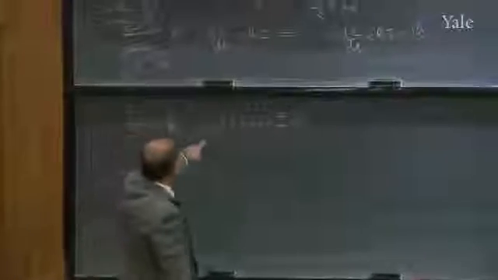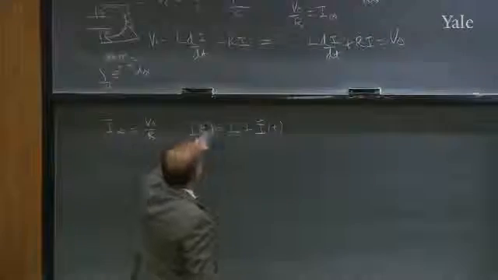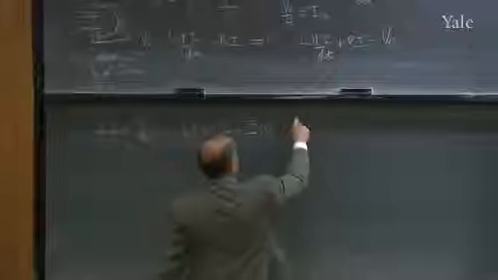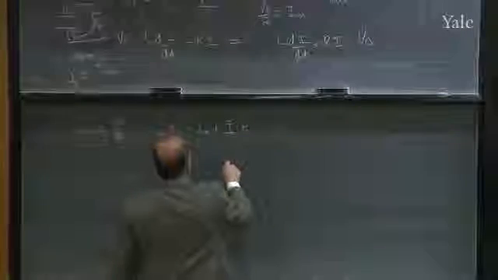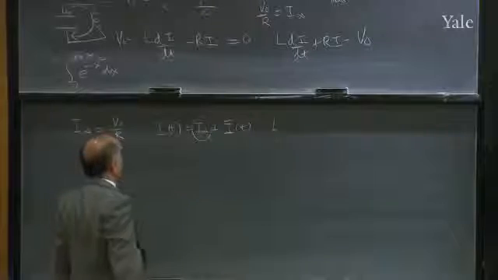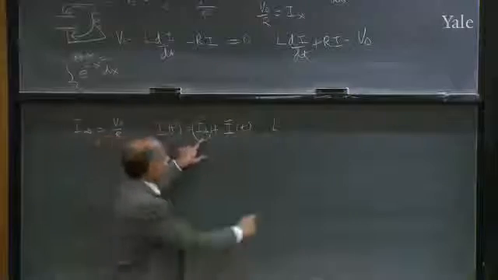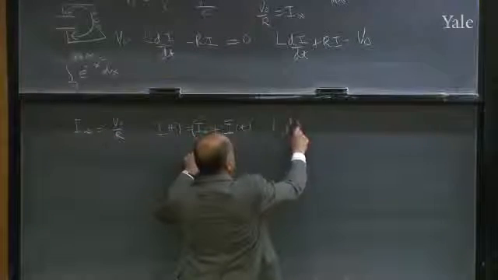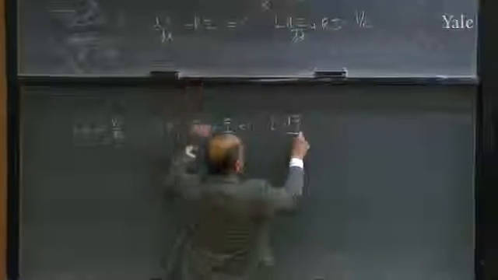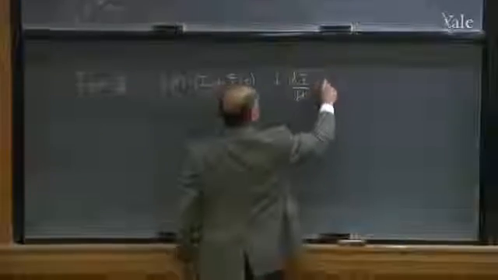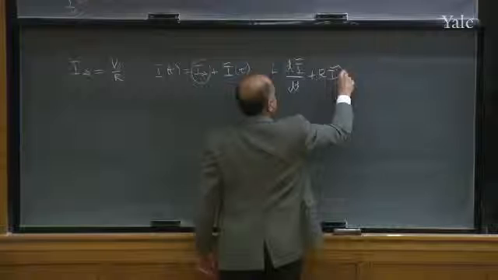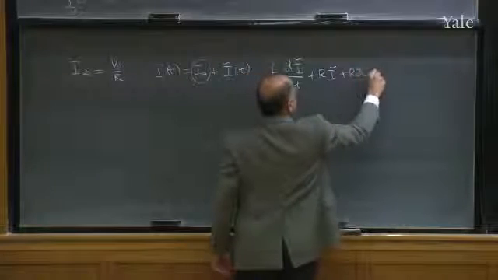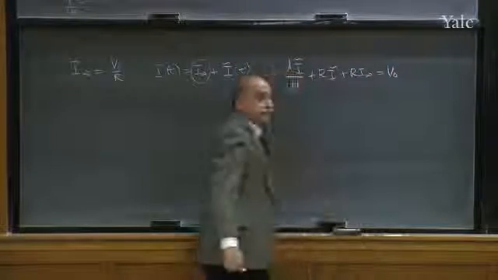So let's take that assumed form and put it into the differential equation. So I get, when I do L di/dt, this is a number, V0 over R. It has no d/dt. So di/dt becomes d I twiddle/dt, plus R times I twiddle plus R times I infinity equals V naught.